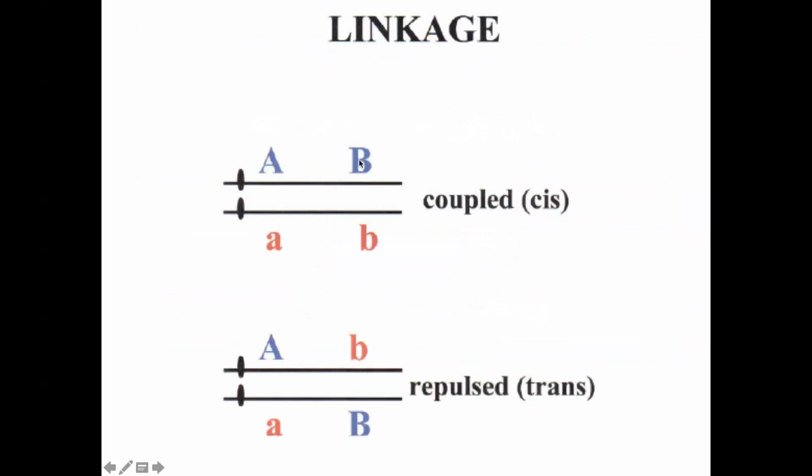So in other words, if you start with dominant A and dominant B on one chromosome, through a recombination event, you can create a new hybrid chromosome that has the dominant A allele linked with the little b, or the reciprocal product would be the little a with the big B allele. So you can break the original linkage associations through recombination events. If you start with cis linkage, recombination will produce trans linkage. If you start with trans linkage as the parental type, the non-recombinant type, then a recombination event will produce cis linkage, the opposite of what it was originally.